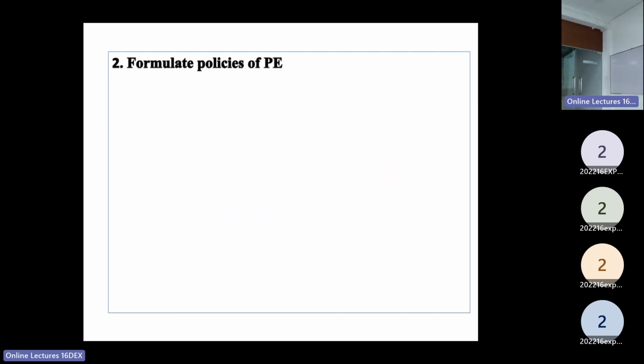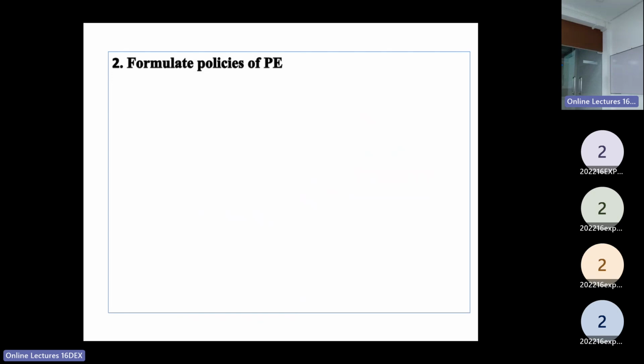So we establish some guidelines, which we call policies. These are especially needed because whenever you do a performance evaluation, you have to answer for issues. You may come across some issues with regard to performance evaluation. Understand?